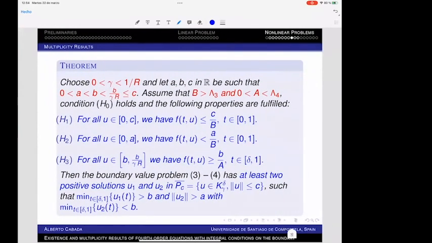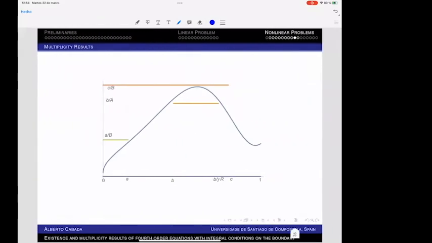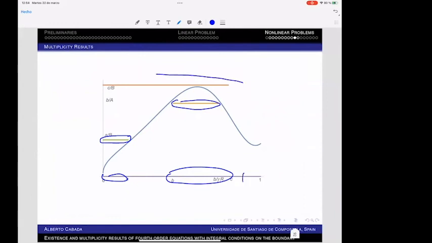This is the classical one of the Leggett-Williams. In this case, this will be the shape. Near to 0, it cannot be bigger than this. In an intermediate interval, it must be over something. And here, it is not bigger than this.